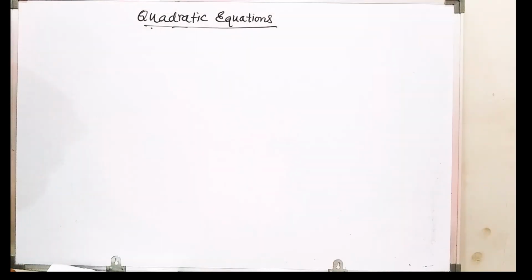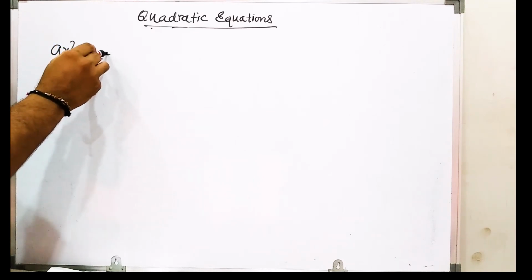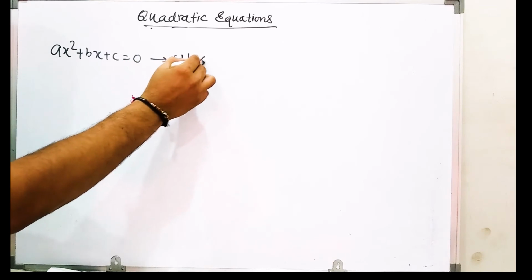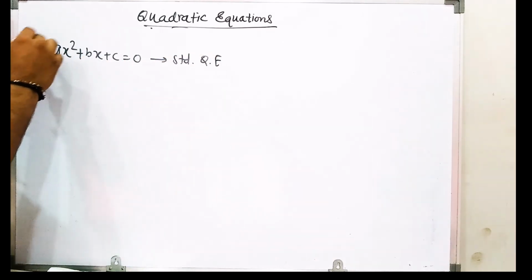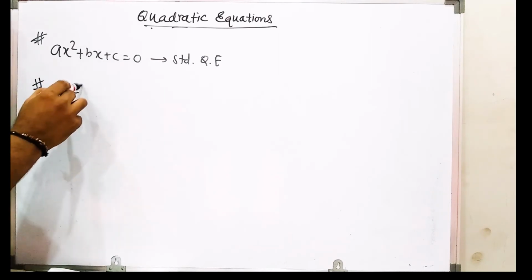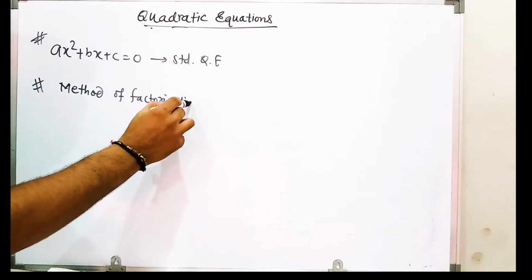So students, let us summarize what we studied in this chapter. First, ax square plus bx plus c is equal to 0 is called the standard quadratic equation. This is a very important point. Then second is the method of factorization to find the roots or solution of the equation.